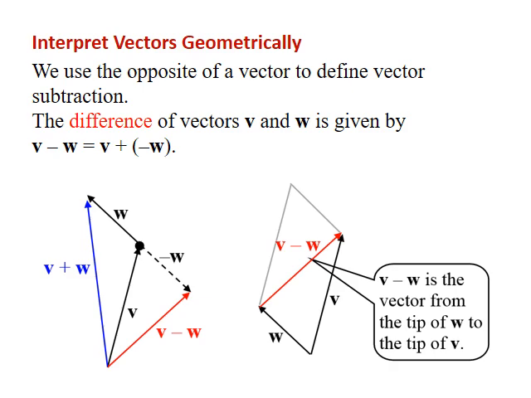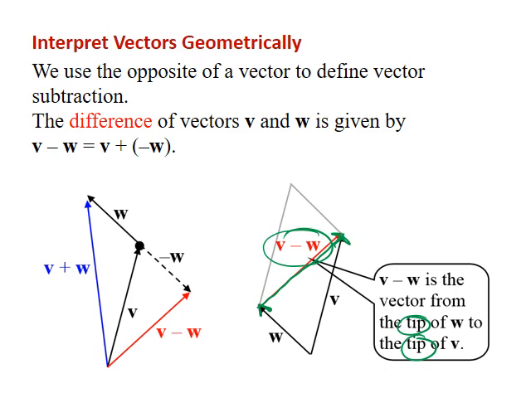Sometimes we want to find the difference of vectors, and basically it's the diagonal again, but the way we find that diagonal is tip to tip. So you can see that here. Tip to tip will give you the difference.